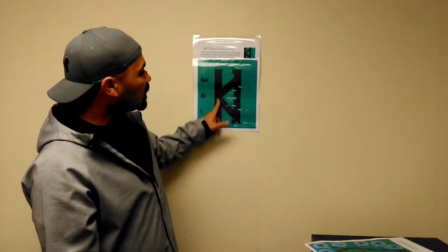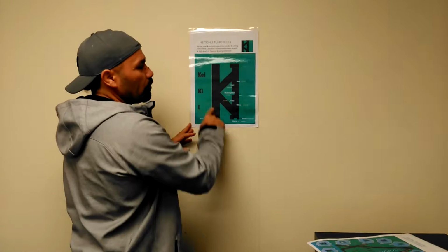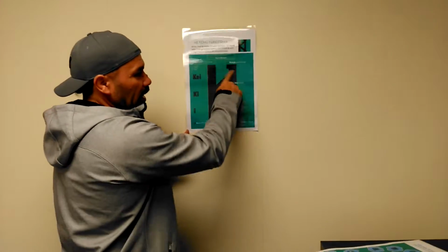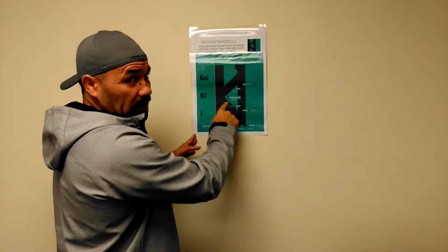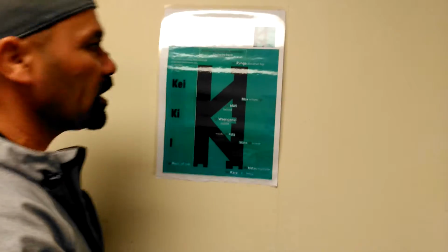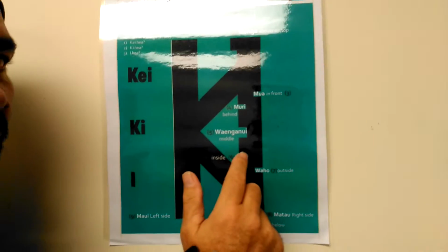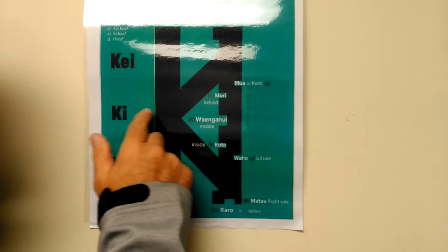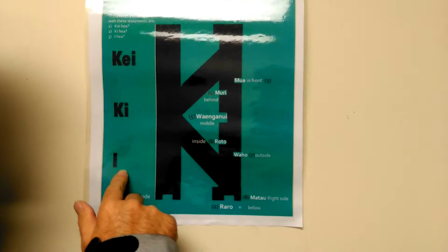So three things. So we've got the Kei, we've got the Ki, and the I in this one symbol. Now we also have locations for where the things might be at, or where they need to go to, or where they were.